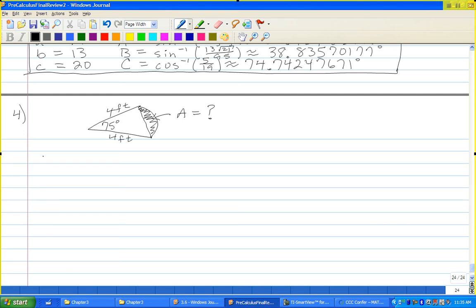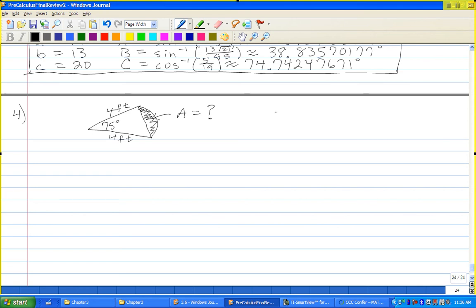So the area of a sector is 1/2 r squared theta. Actually, maybe I write them here.